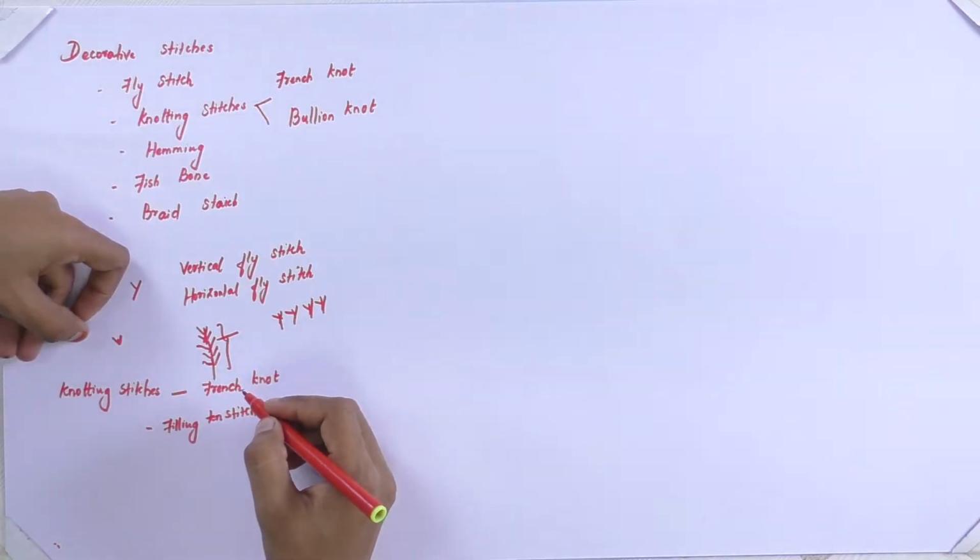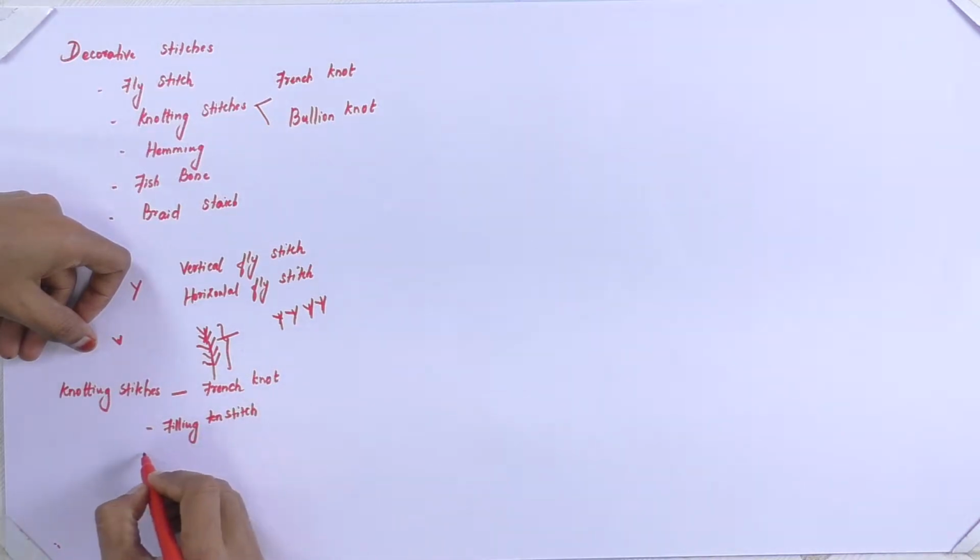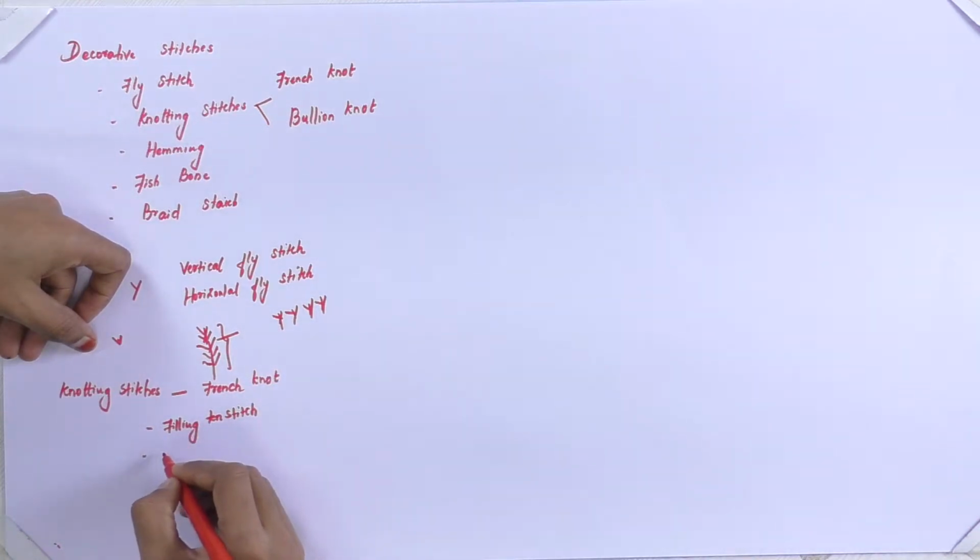Both this bullion and French knot consume thread, but it is used to make very simple stitches for your simple motifs. You can find applications of this French knot and bullion knot stitches in flower motifs.